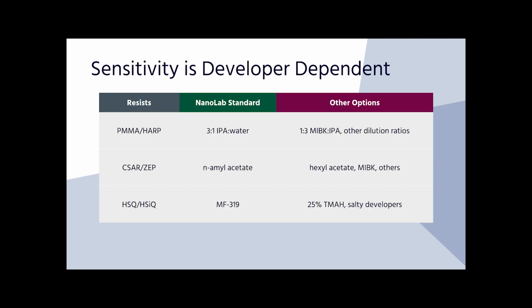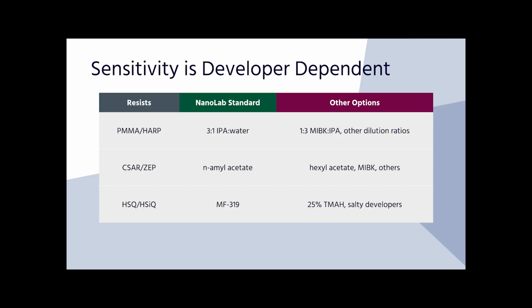Why would you choose one developer condition versus another? Well, sensitivity is one reason. Let's look at PMMA. If you choose to use MIBK:IPA as your developer, you will need 3 to 4 times the energy to expose that resist than if you use IPA:water as your developer. HSQ has similar issues depending on which concentration of TMAH you are choosing to work with.